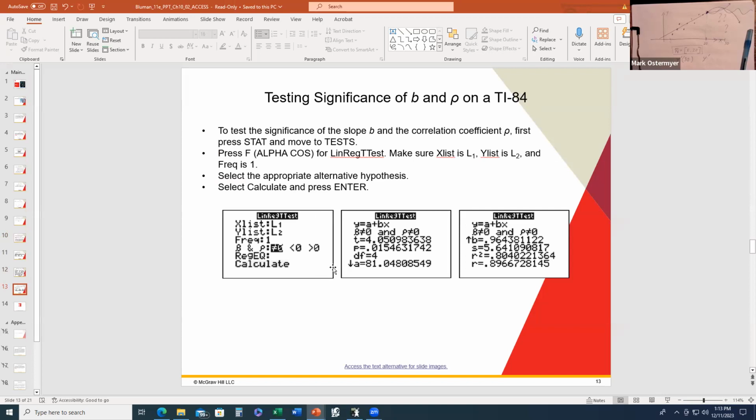And this is the t-test we conducted last week, the linear regression t-test for testing for the significance of the correlation coefficient, whether it is or is not equal to 0. And that tells us basically the strength of relationship between x and y.